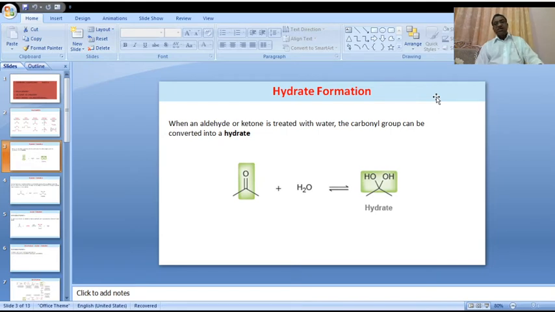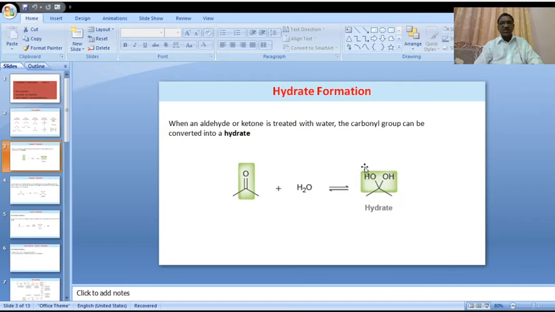Now we'll go to another hydrate formation reaction. Here, aldehydes or ketones contain this carbonyl functional group, C=O. When an aldehyde or ketone is treated with water, the carbonyl group can be converted into a hydrate.